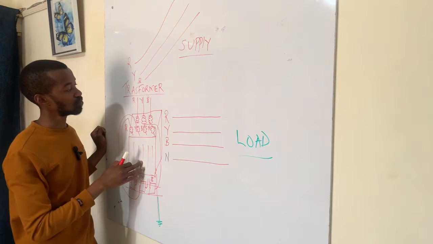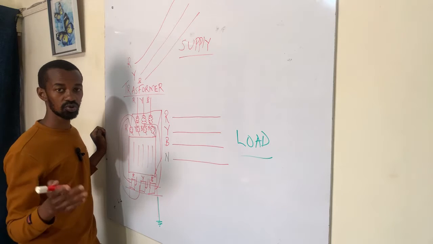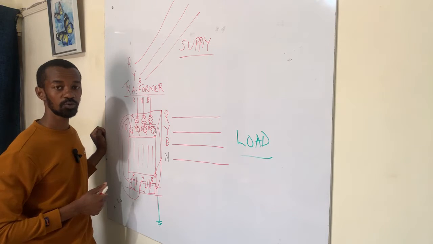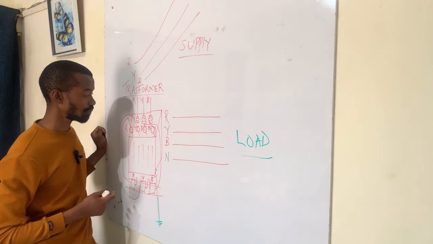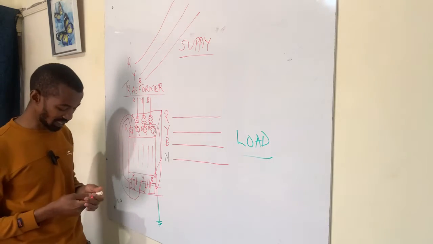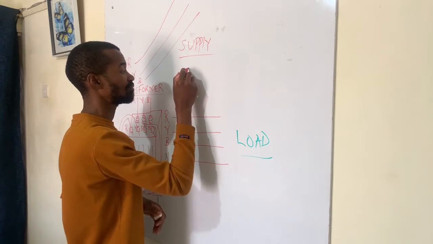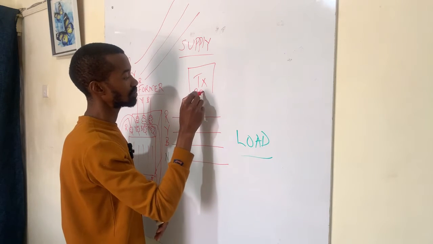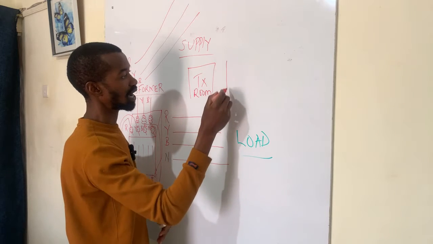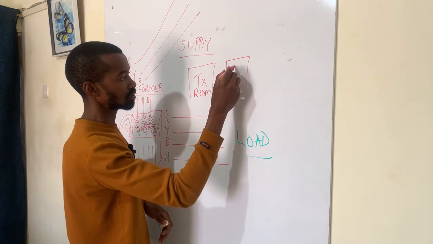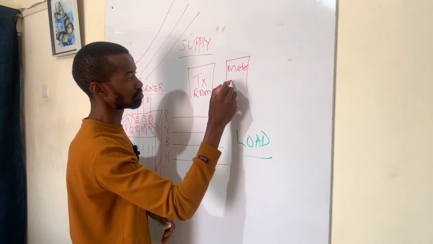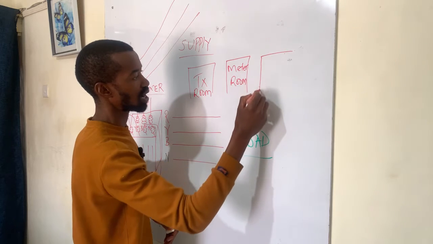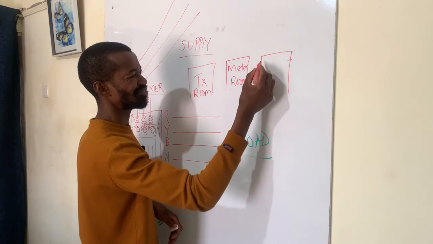You find that when you visit a place, let's say for those who have been on attachment in a company, in a factory which requires that type of setup, there are various rooms: a transformer room, probably a metering room, and then you might also have another room where you have switches.